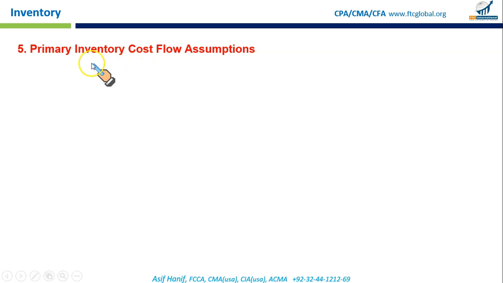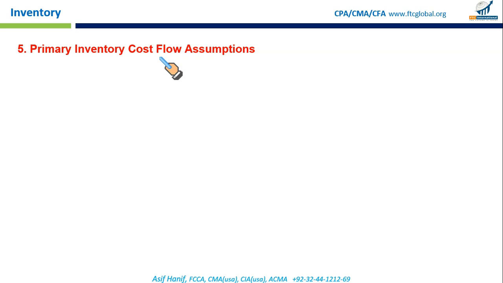Next, we have primary inventory cost flow assumptions. First of all, any cost flow assumption a company chooses, LIFO, FIFO, weighted average, specific identification, whatever, the key point to note is that the physical movement of goods is irrelevant.